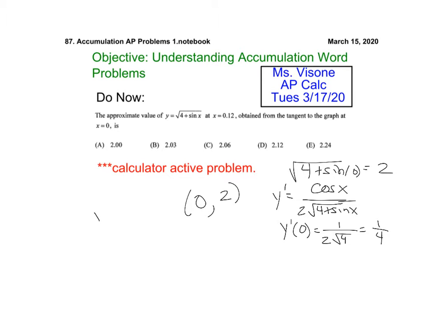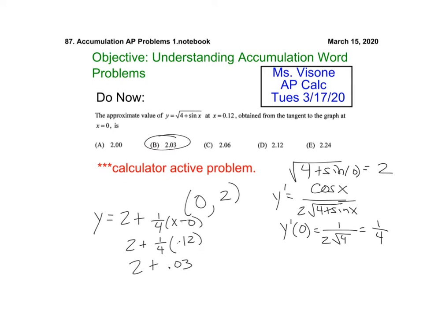So y equals my y value 2 plus 1/4 x minus 0. 2 plus 1/4, we're plugging in 0.12. This one actually you don't even need a calculator for. Plus 0.03, so 2.03. B.